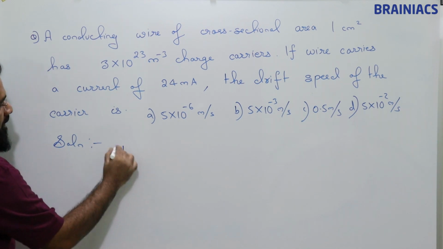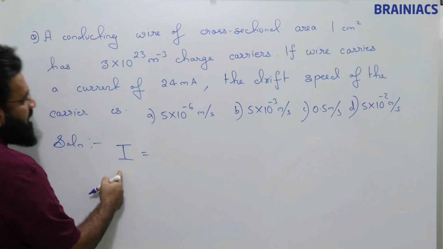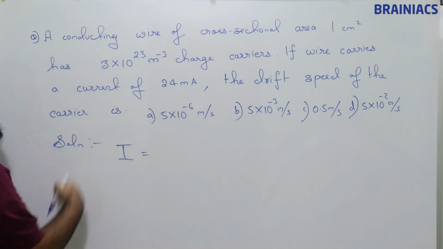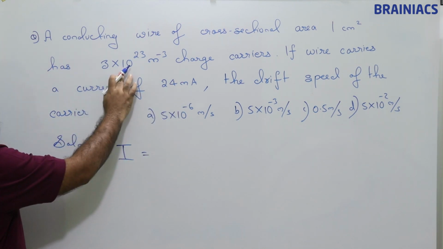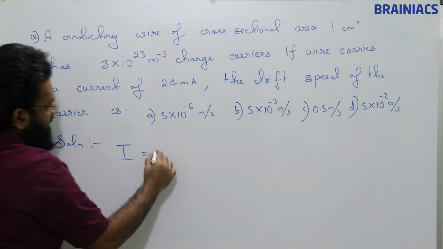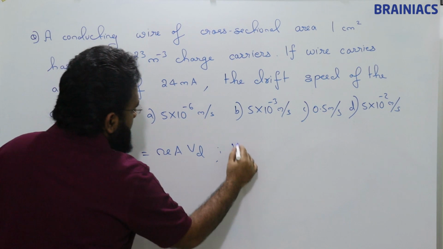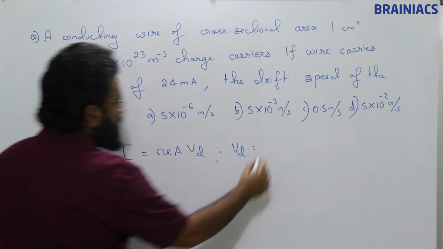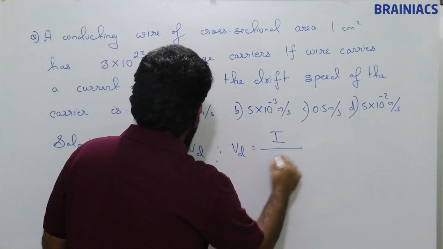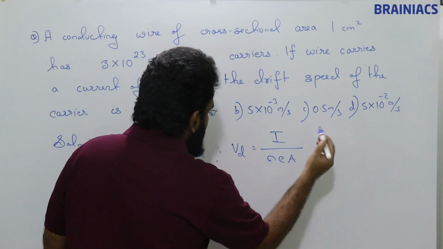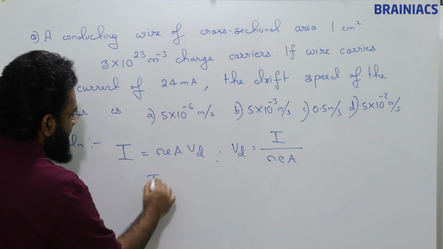So here current is given, drift speed is asked, number of charge carriers, area of cross section, everything is given. So I is equal to nAe Vd, so Vd is equal to I by nAe.